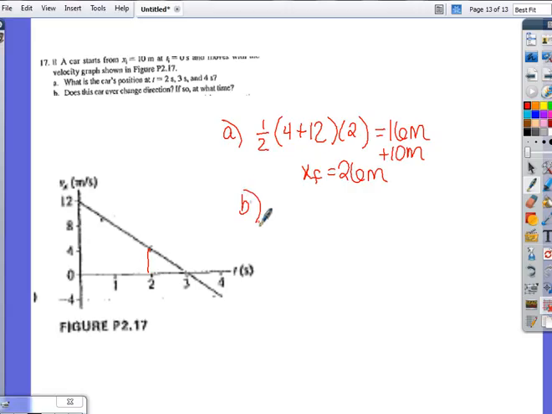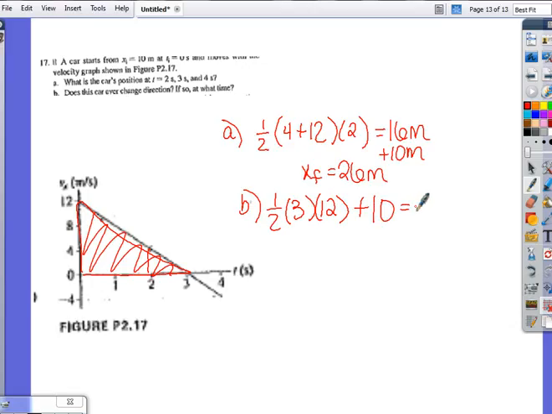For B, it says 3 seconds. So now at 3 seconds, I'm looking at this full triangle here. So I'm just going to do 1/2 base 3 times 12. And I'm going to go ahead and add this plus 10 because I know that's what I need. When I do that, I get 28 meters. That's going to give me my final position at 3 seconds.